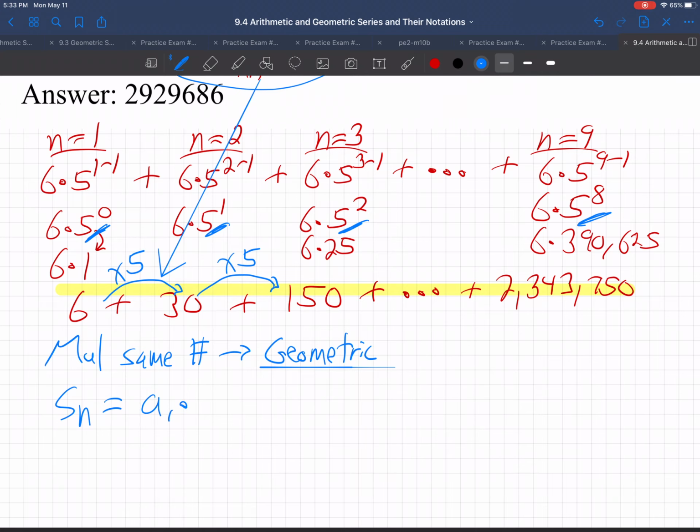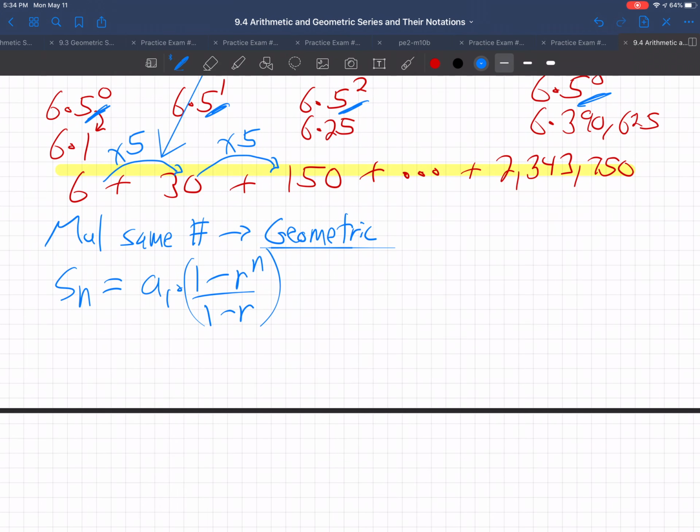A1 times R, I'm honestly forgetting the geometric formula here for a second. Oh, I remember. Okay. A1 times 1 minus R to the n over 1 minus R. There we go. Okay, so there's the formula for the sum of a geometric sequence.